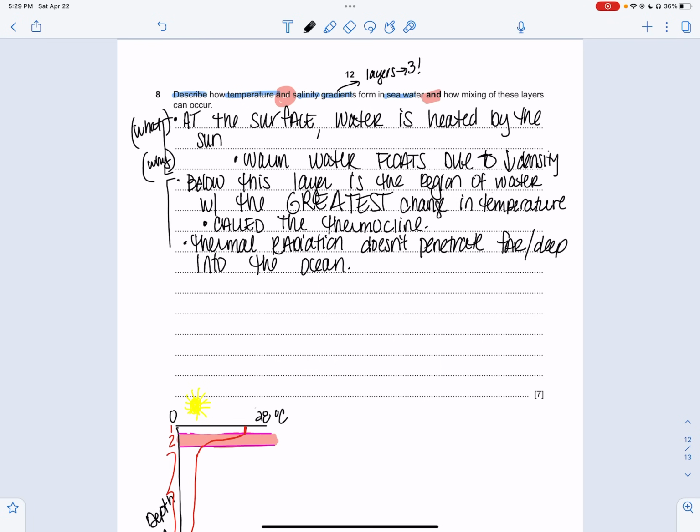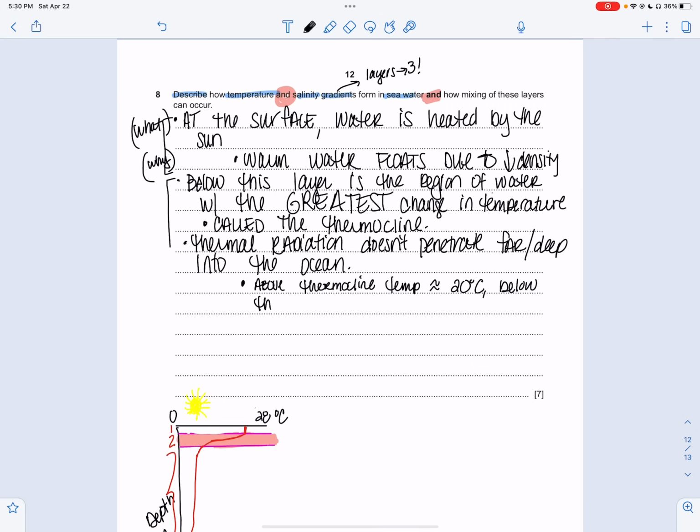All right, and then this specific answer, they took examples, which is weird, especially for describe and it's not explained, but either way, they took examples. Don't stress yourself over having these examples. There'll be more than enough things you can write about to get all 7, but I'm going to include it anyway. So we would say above thermocline, temp is about 20 degrees Celsius.